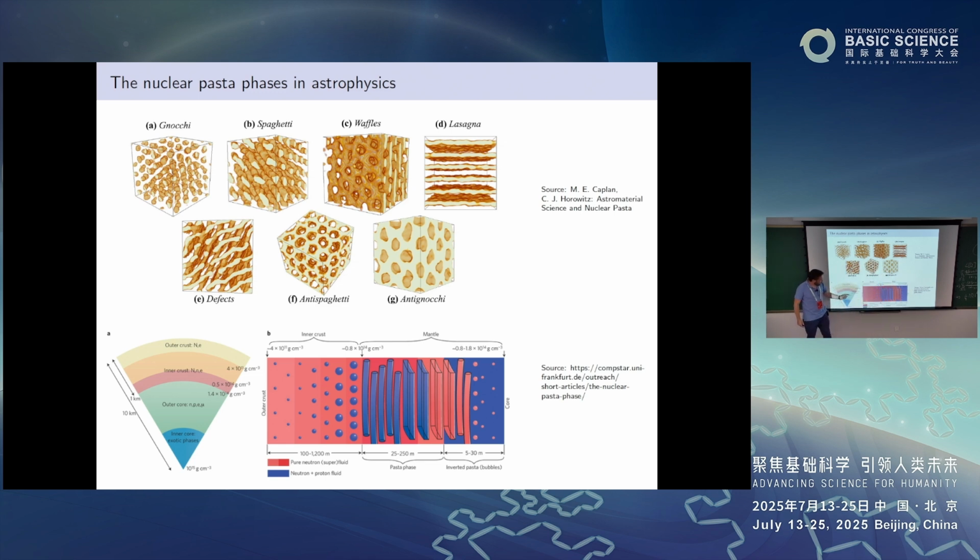Okay, and so what you have there is essentially a sea of electrons. So the electrons are no longer really bound to certain nuclei, but they're all over the place. And then in this, you have sort of droplets of nuclear matter. And what's described here, what's in red, are the electrons.